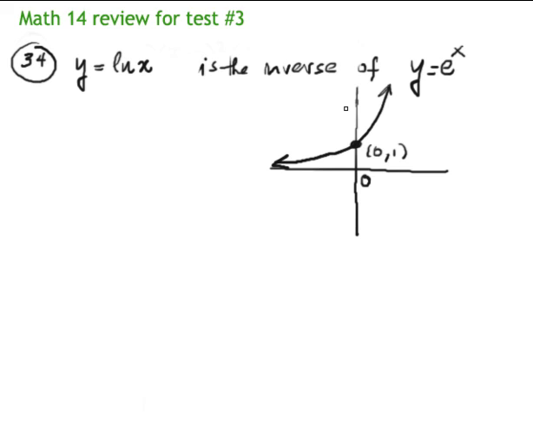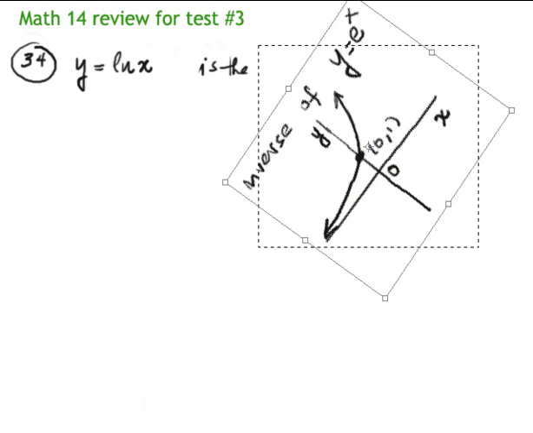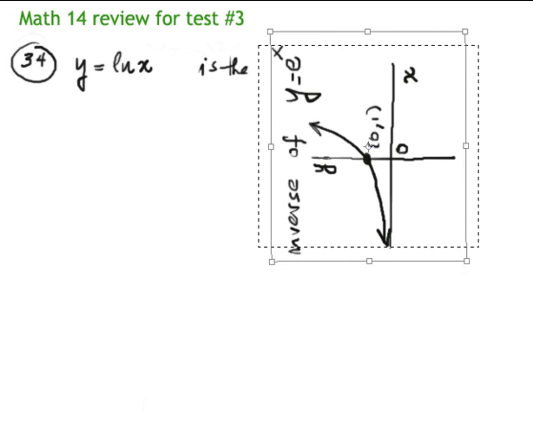So let's see if we can, from this graph, get the graph of y equal ln x. What we want to do is switch the roles of x and y and then do a reflection. All right, so let's see how that works. So this is y equal e to the x, and here we're going to rotate it. Okay, there we go.